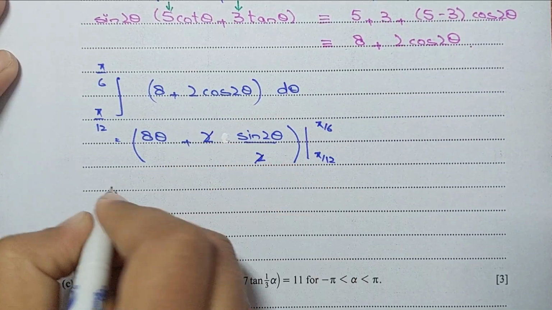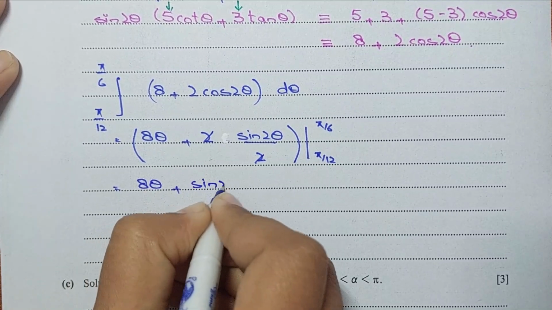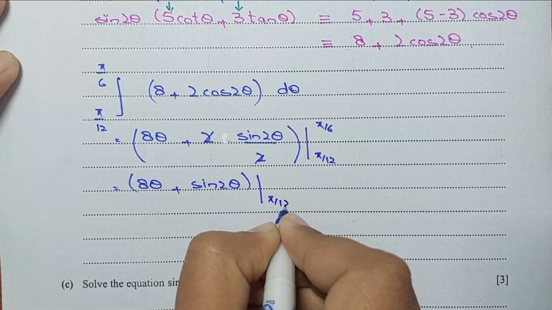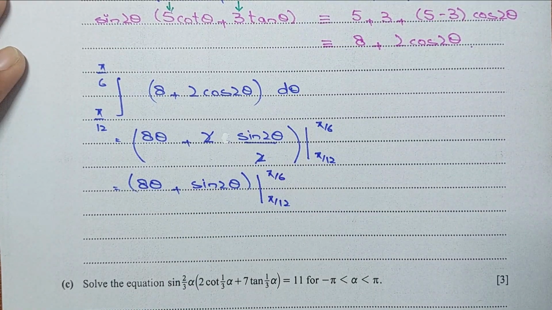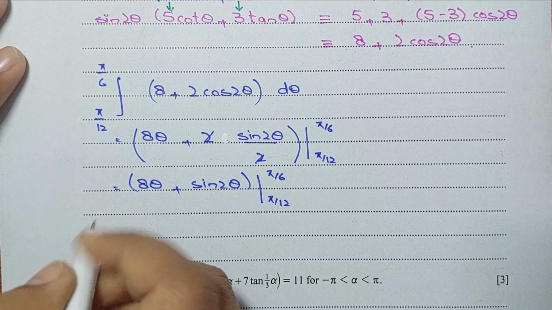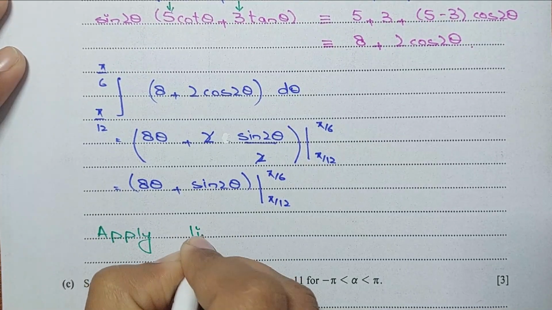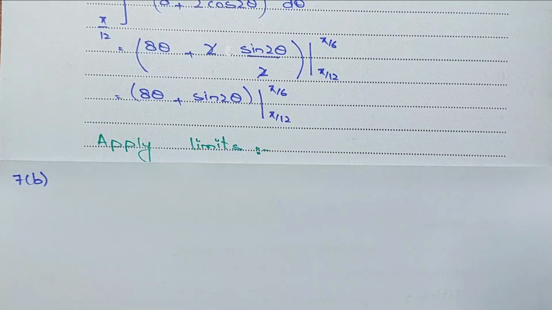So this 2 and 2 cancel out. We are left with 8 theta plus sine 2 theta. The limits are from pi by 12 till pi by 6. Now we can apply the limits, right? The upper limit is pi by 6 and the lower limit is pi by 12.